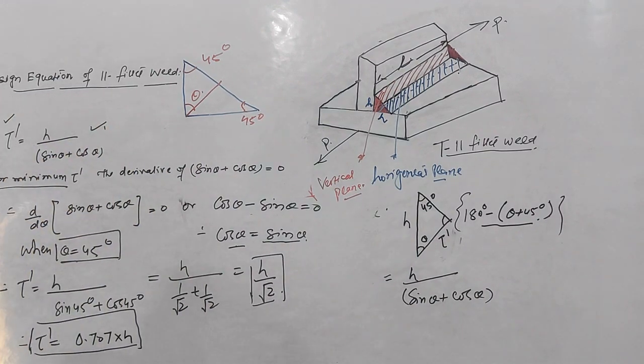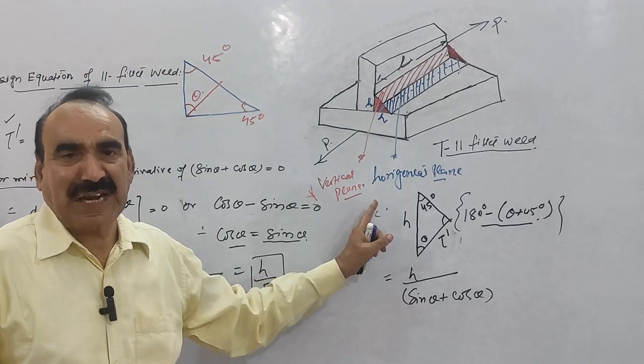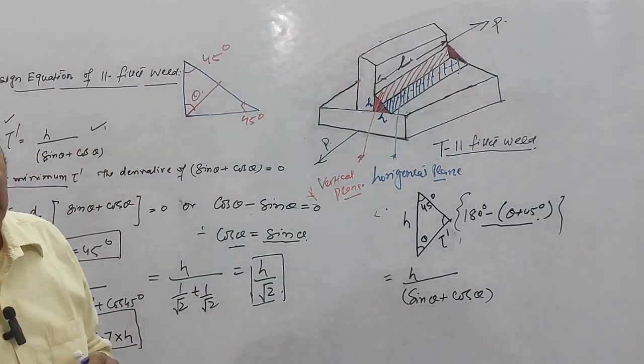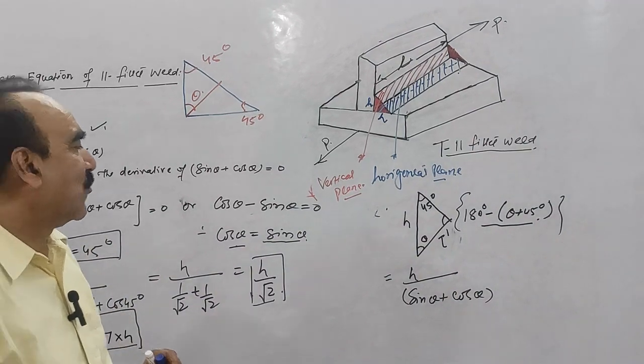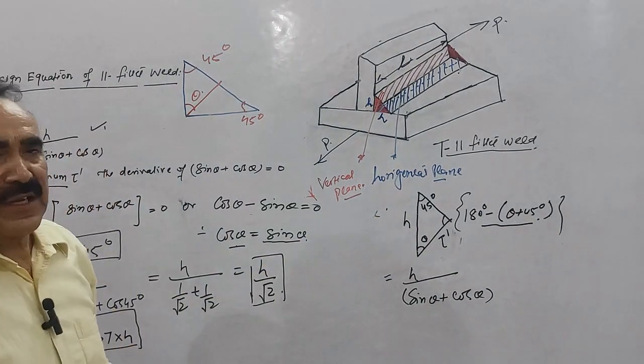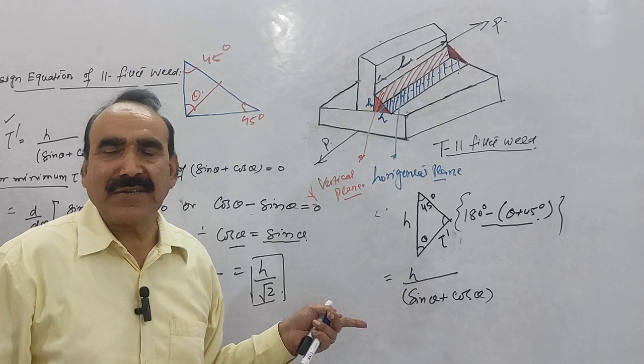Now to find out the value of T dash, we have to calculate the value of minimum thickness. So we have applied the sine rule here in this small triangle. And what is the sine rule? The sine rule is that the length of a side is divided by the opposite angle's sine. You understand this?